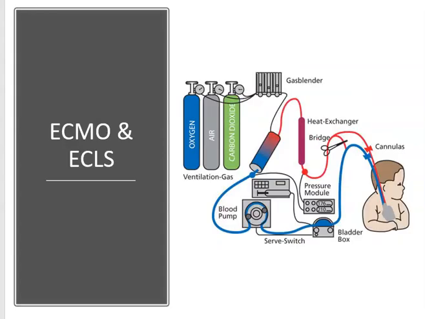Next up, we have ECMO and ECLS. Those codes are on page 240. ECMO, or extracorporeal membrane oxygenation, is a way to provide breathing and heart support for patients that have critically ill lung or heart disorders.